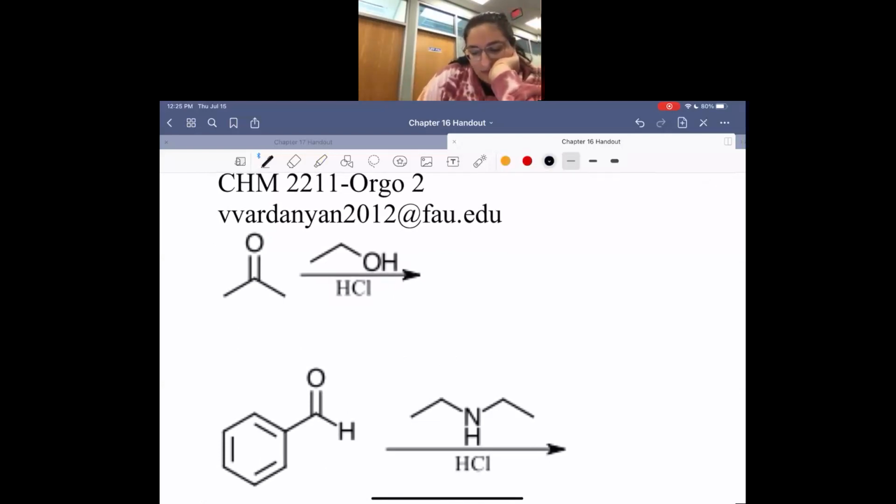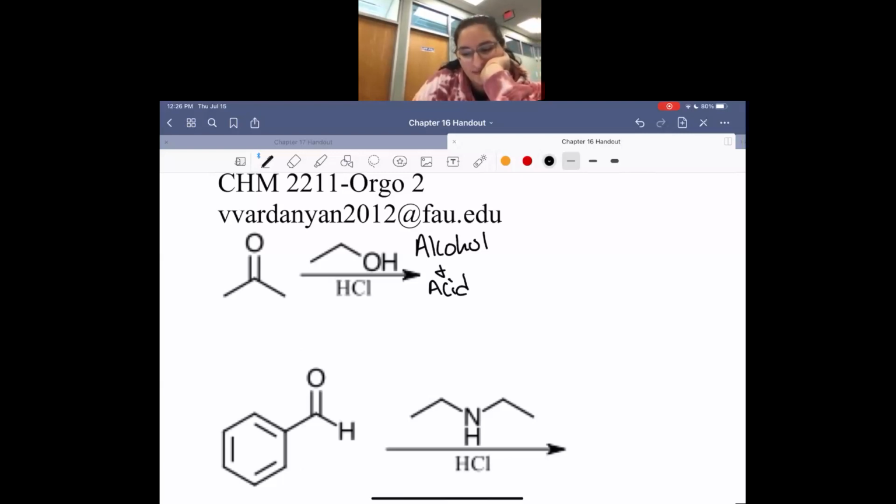So we have an alcohol plus acid. What reaction is this? Acetal, ketal. Cool. We start with a ketone, so it's going to be the ketal reaction. And since we have an acid, are we going to stop at the hemi or are we going to go all the way to the ketal? Ketal, cool.